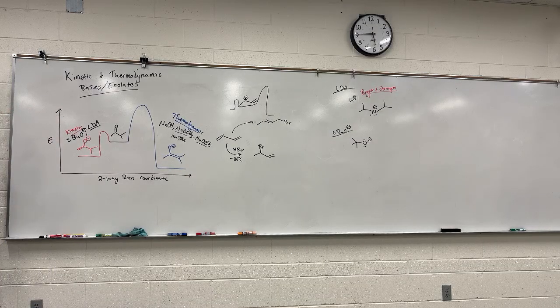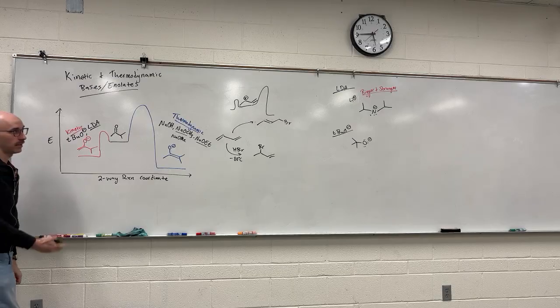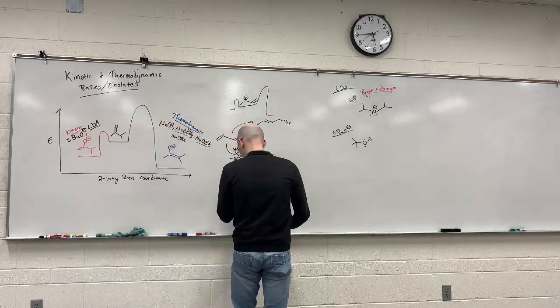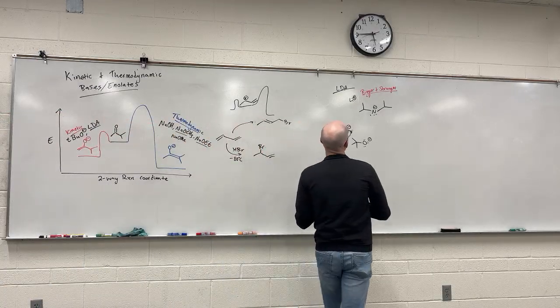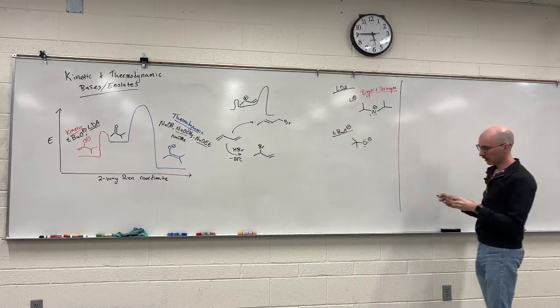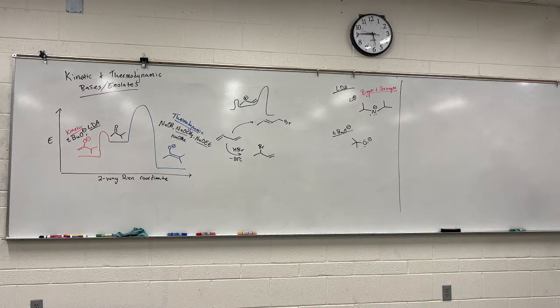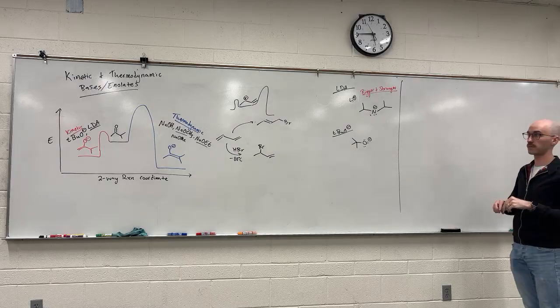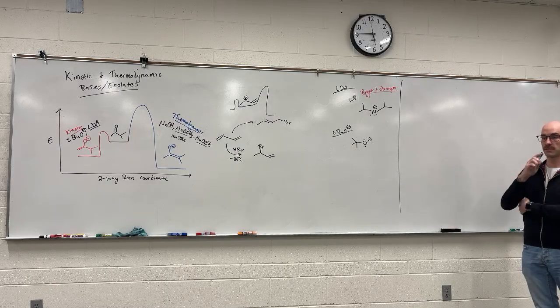All right. So now we've got regio control. We've got our thermodynamic bases and we've got our kinetic bases. Before we look at some of our reactions, I just want to introduce why we might use some of these different reagents at different times. I'm just trying to think if this may not be the right time.